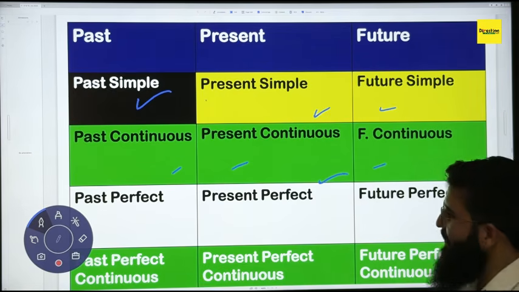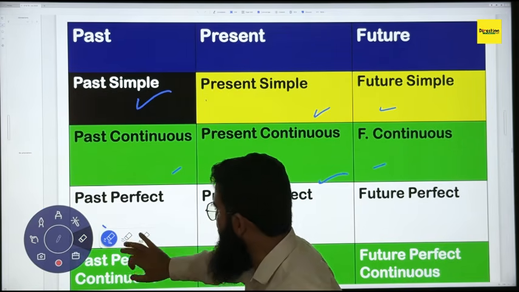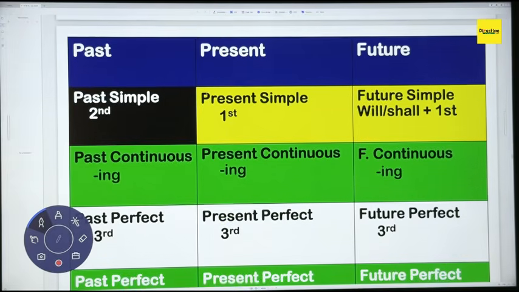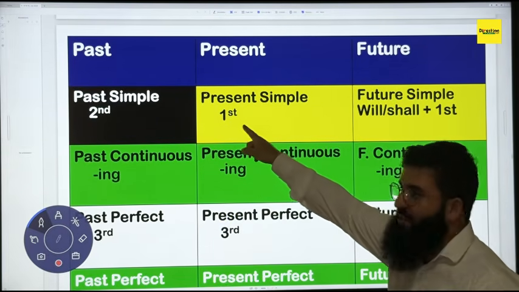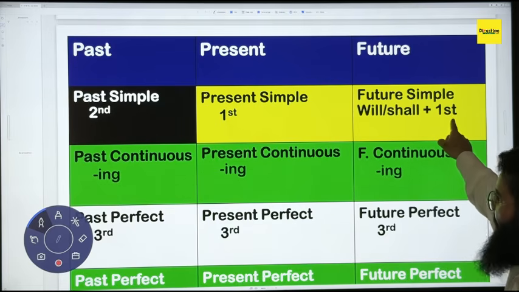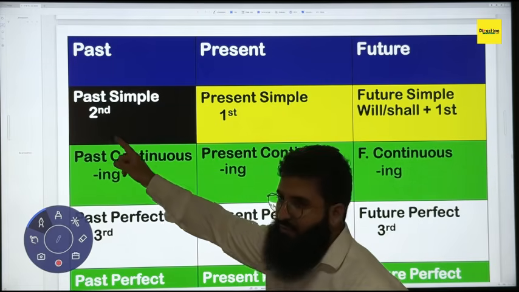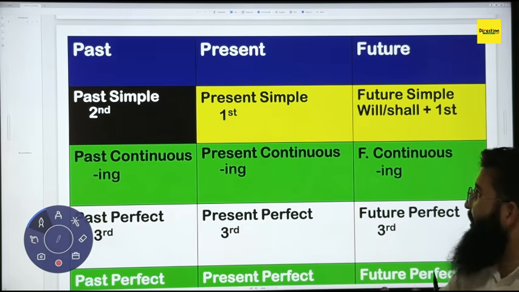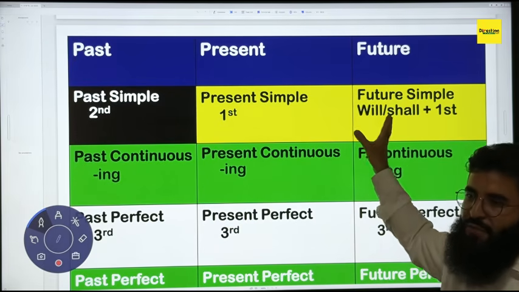I will show you another slide that will be easy for you to understand the forms of the verbs here. It's written here first form, it's written here first form, it's written here second form. When we have only 4 forms, first form is, remember, you have to use them in present simple and future simple.